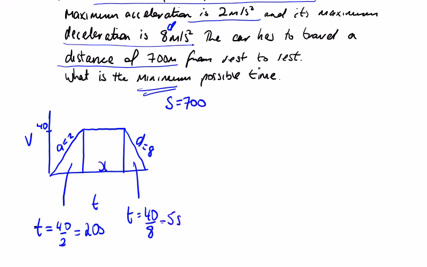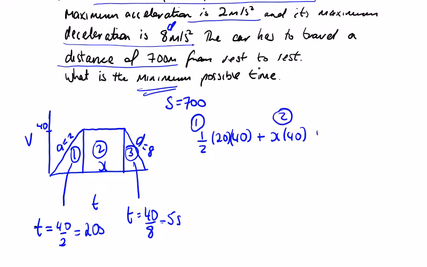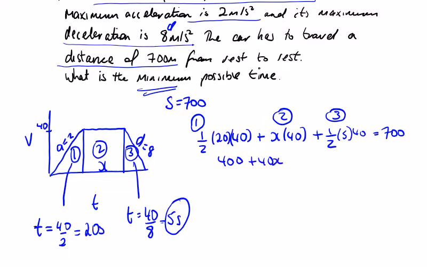If I call this one X, we can then say that I'll number them 1, 2, and 3. So half the time, which is 20, by 40 is the distance covered in that sector, plus X by 40, number 2. And then in number 3, I have half this 5 by 40, and that's all equal to 700. 20 times 40 is 800, so we have 400 plus 40x, and half of 200 is plus 100 equals 700.